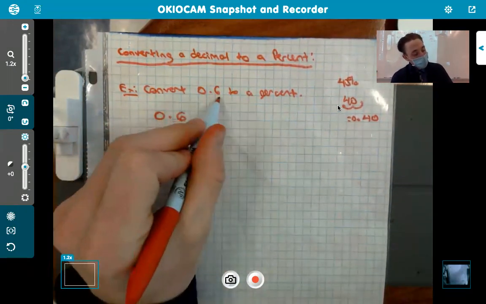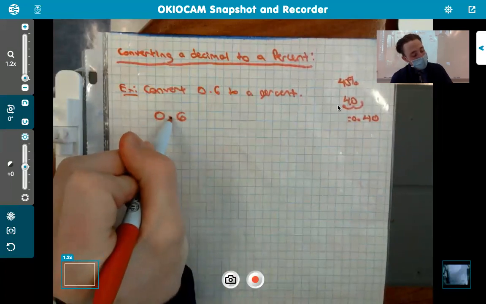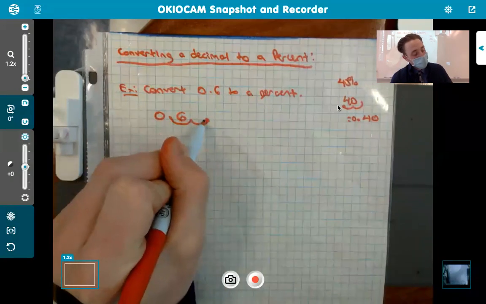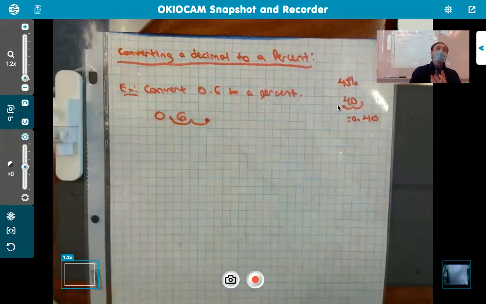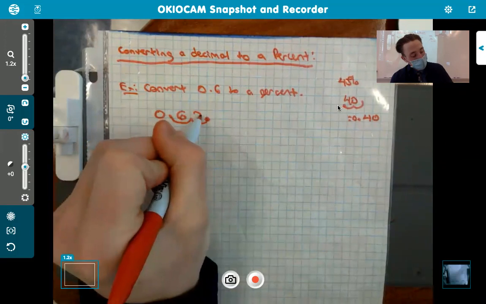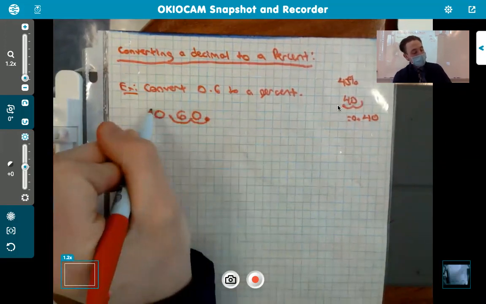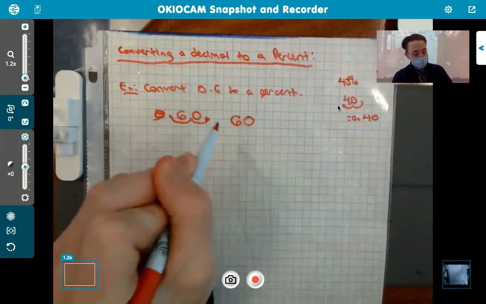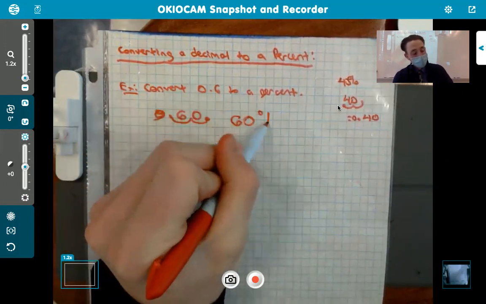So if I'm converting 0.6 to a percent, I take 0.6, move that decimal point over. If I have a gap or a missing spot there, what do I have to fill that with each time? 0. Good. Excuse the 0 that I started with, and I'm left with 60. And that's going to give me 60%.